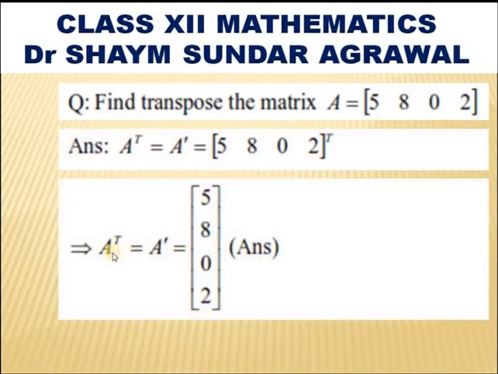A transpose is a column containing 5 8 0 2, because it has only one row, and that changes to one column. Previously it was a row matrix, now it is a column matrix. Previously the order of the matrix A was 1 cross 4, but now the order of A transpose is 4 cross 1. Is it clear?